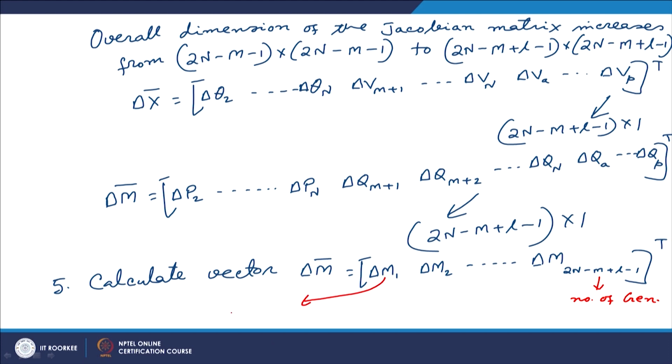All these big M's are elements of the mismatch vector.